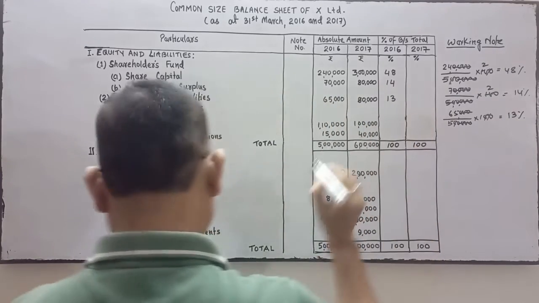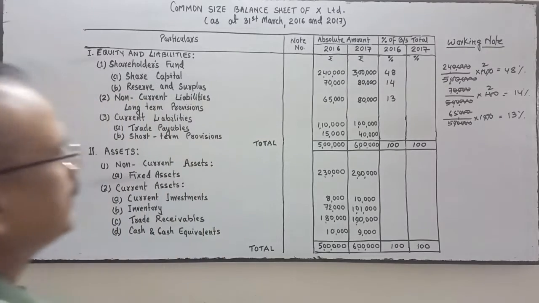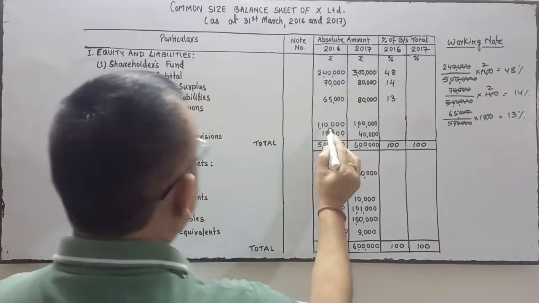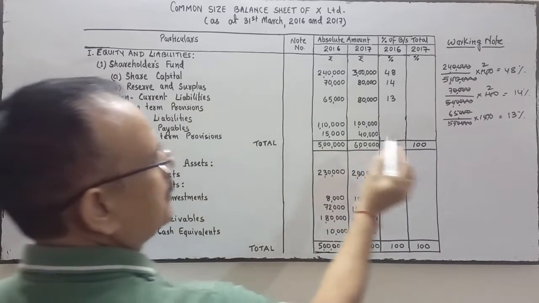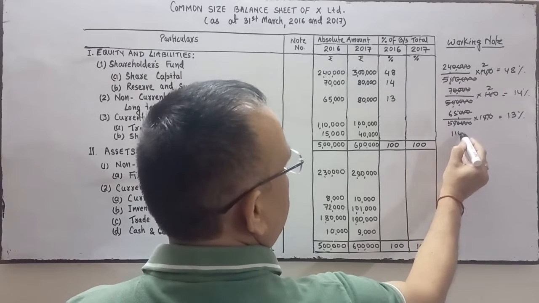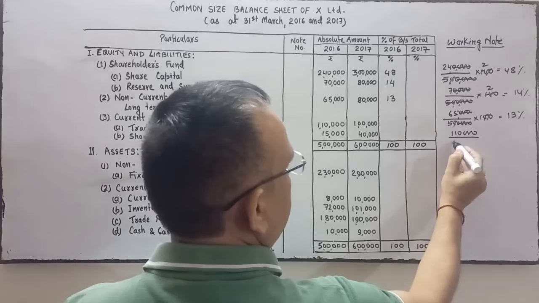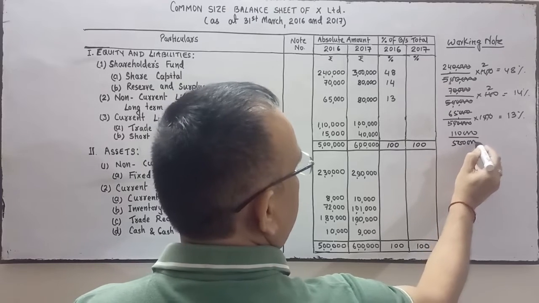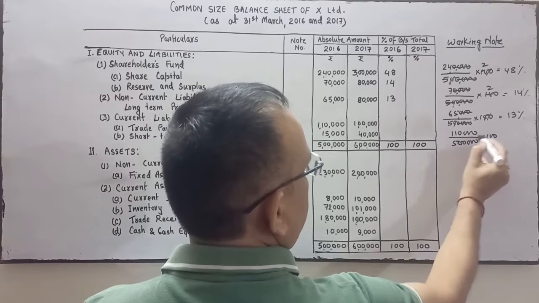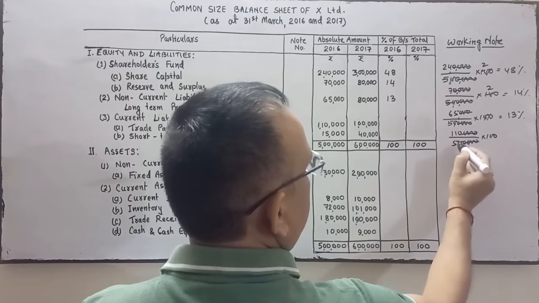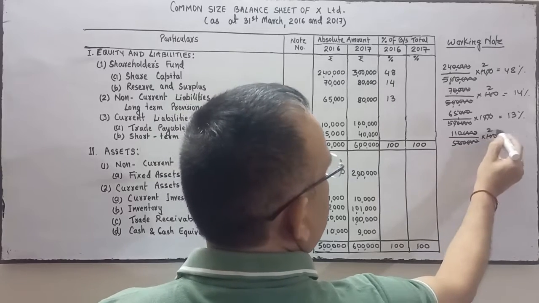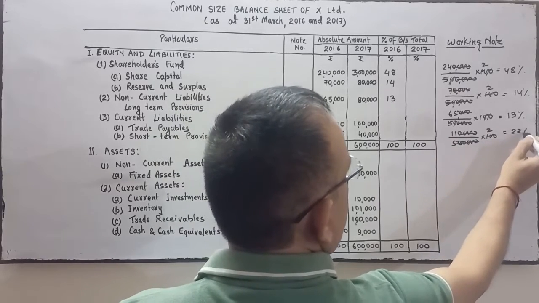Next is 1,10,000, your trade payables. Trade payable is 1,10,000 divided by total equity and liability of 5 lakhs, into 100. So it is 22%.